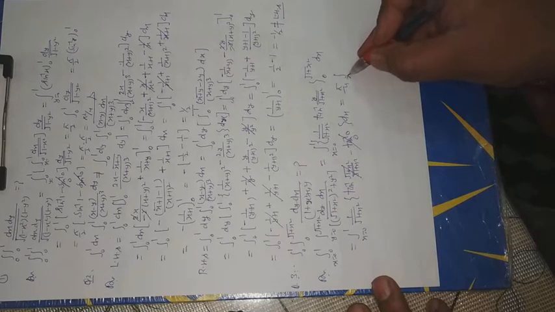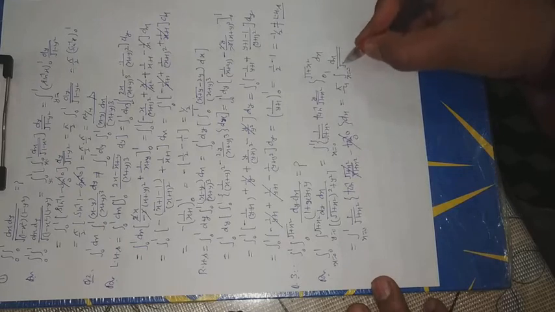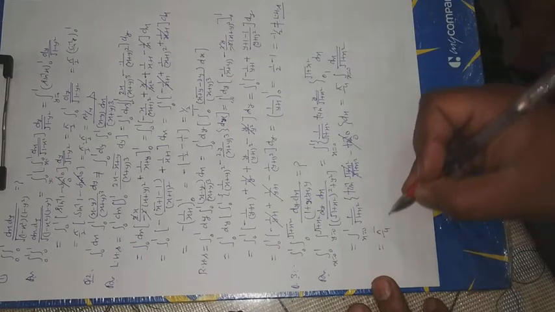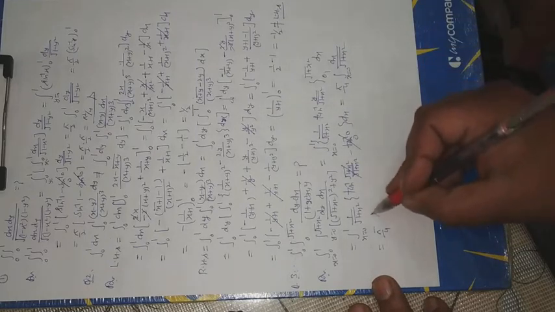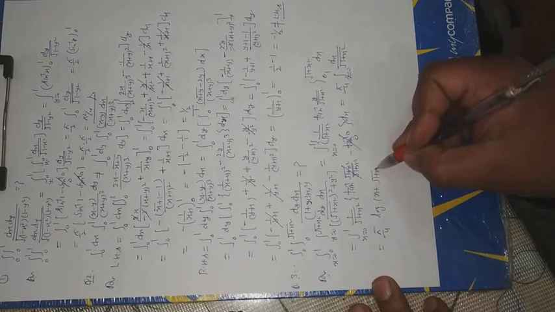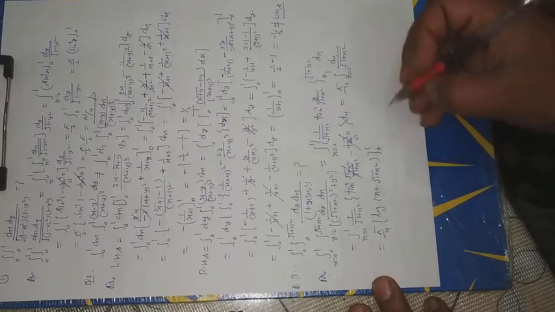Now integral limit 0 to 1 dx upon under root 1 plus x square. Now pi by 4. The value of integration is always log x plus under root 1 plus x square. Now limit 0 to 1.